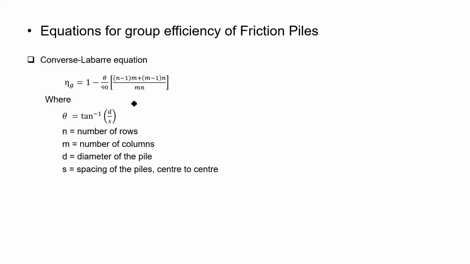So for this question, the diameter of the pile is given as 1 meter, the spacing of the pile is given as 3 meter, and the capacity of an individual pile is 1000 kilonewton.